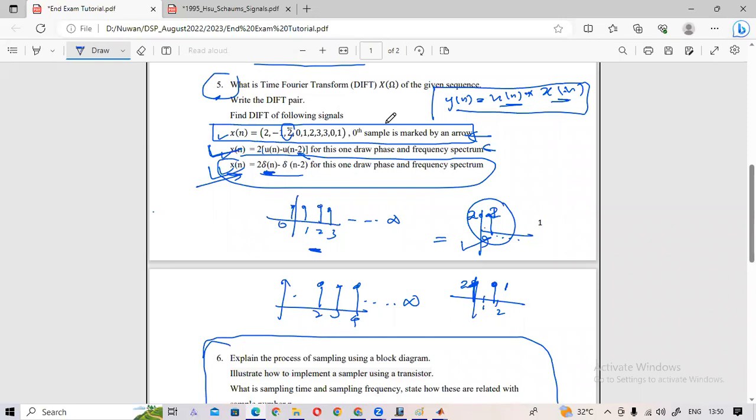There are some mathematical things to do, so it is somewhat hard. Maybe for this kind you will be given to find the frequency spectrum also. So I will do this one.